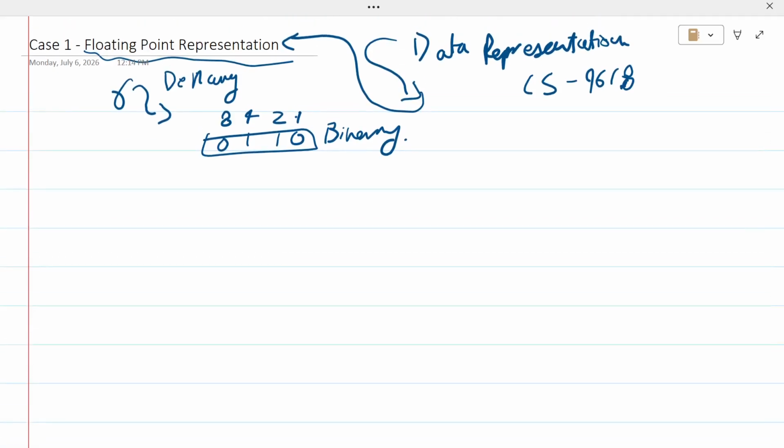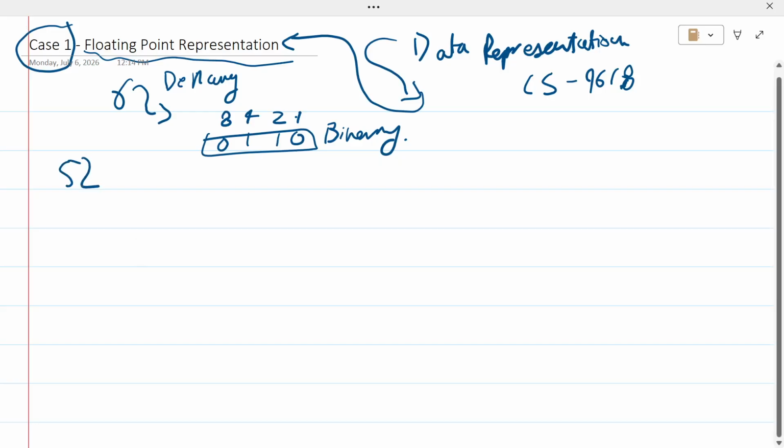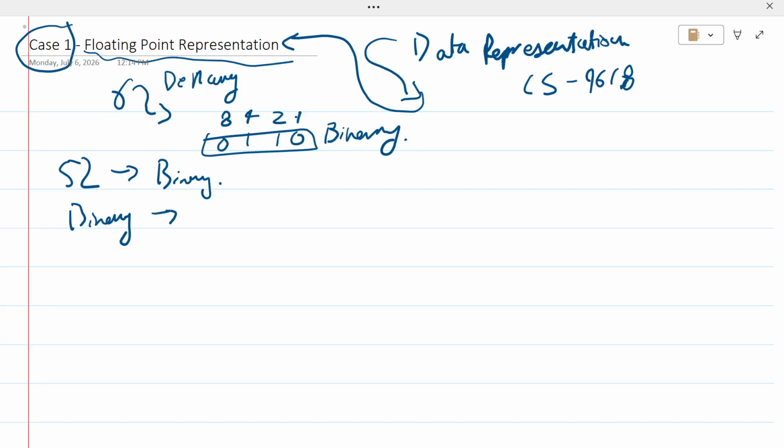What are we going to be learning in today's lecture, right? And what do I mean by case one? How come that makes any sense? That is one thing. So floating point representation, we already know, let's say if somebody gives you 52 and asks you to convert that into binary, right? Or if somebody gives you the binary and then they ask you to write it into decimal, right?